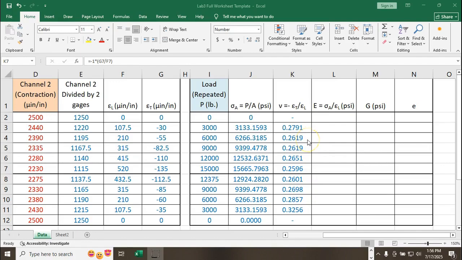We're using a very old piece of equipment, so I'm not expecting the level of accuracy that you would expect if we were going to send this data to Northrop Grumman or to Boeing. So as long as we're somewhat in the neighborhood of 0.26, 0.27, 0.28, it's certainly good enough for government work.